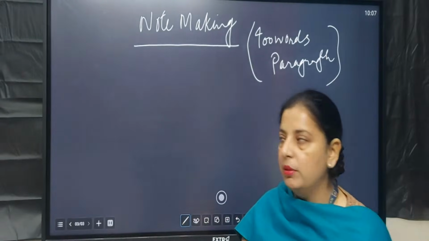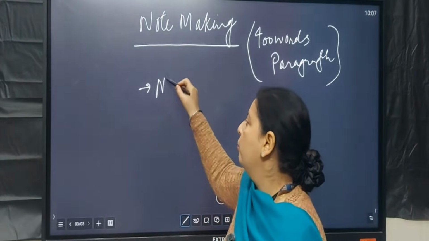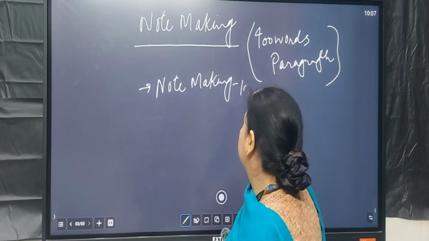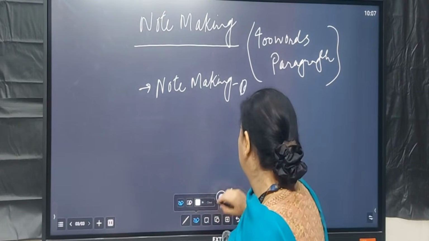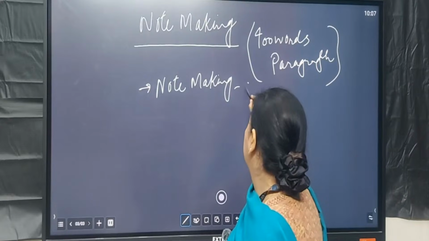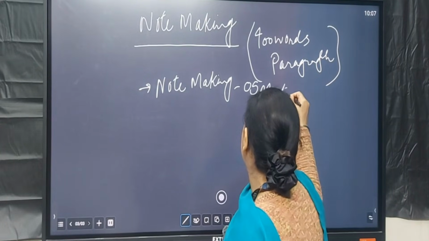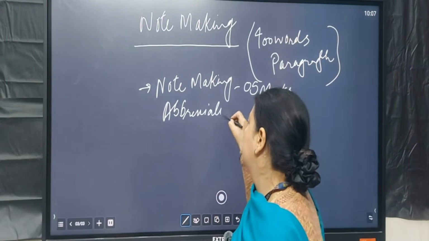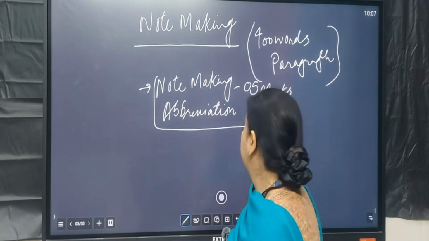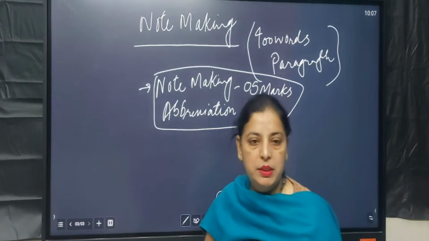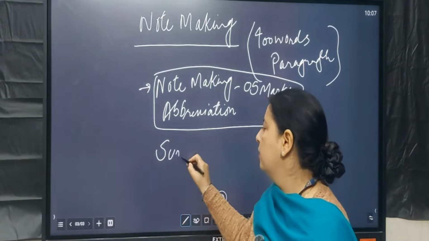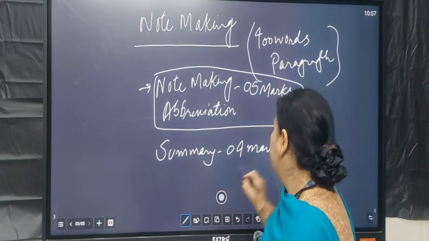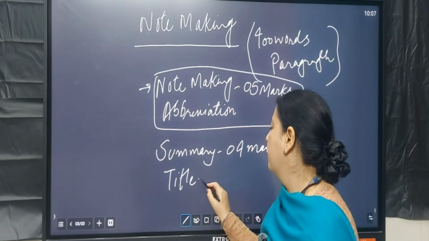Beta, your 10 marks of note making are divided like this: note making is of 5 marks, and you have abbreviations included in it. For both of these you will get 5 marks. Then you have the summary, 4 marks, and the title to the summary, 1 mark.